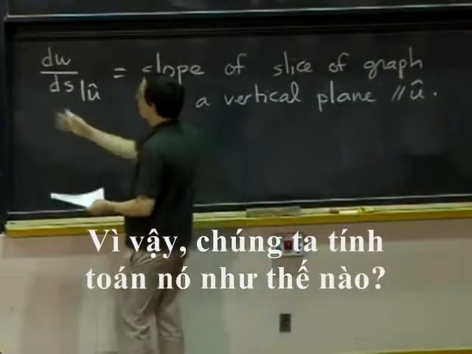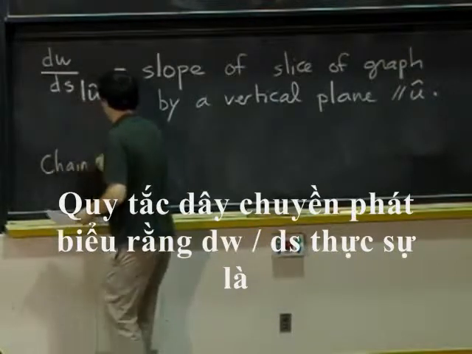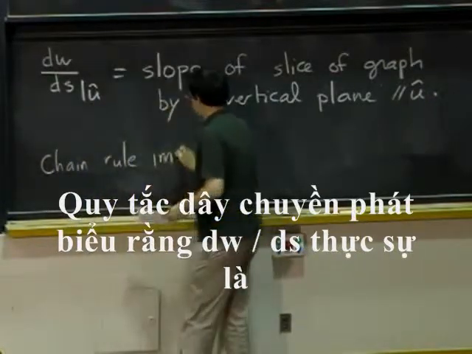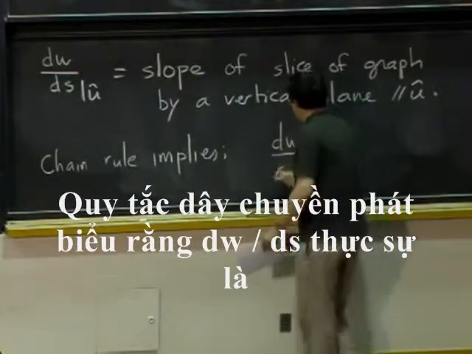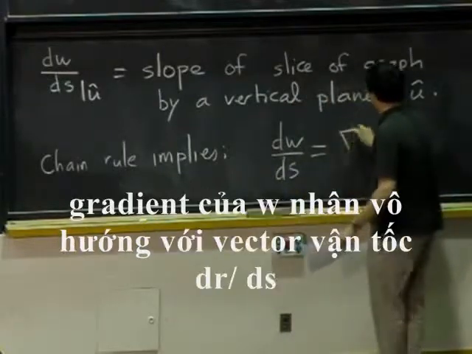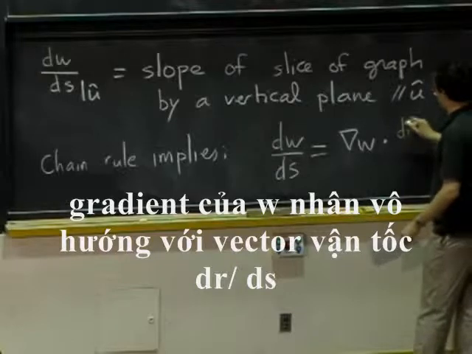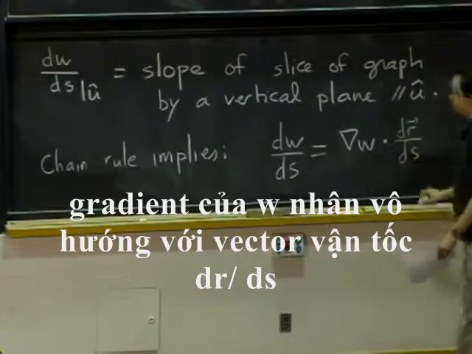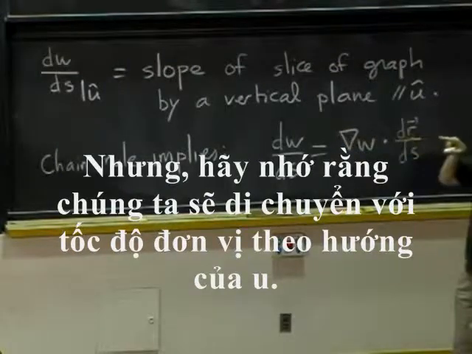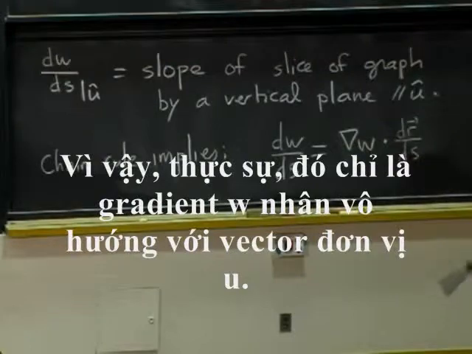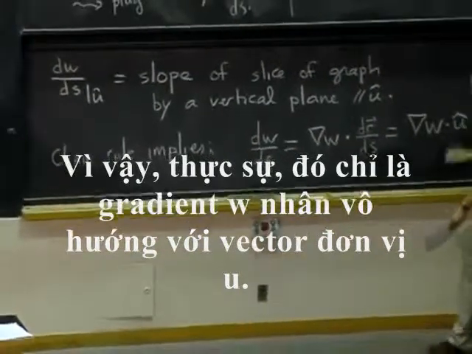So how do we compute it? Well, we can use the chain rule. The chain rule implies that dw by ds is actually the gradient of w dot product with the velocity vector dr ds. But remember, we said that we are going to be moving at unit speed in the direction of u. So in fact, that's just gradient w dot product with the unit vector u.